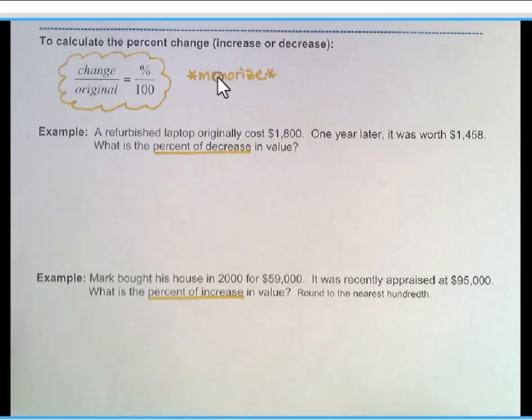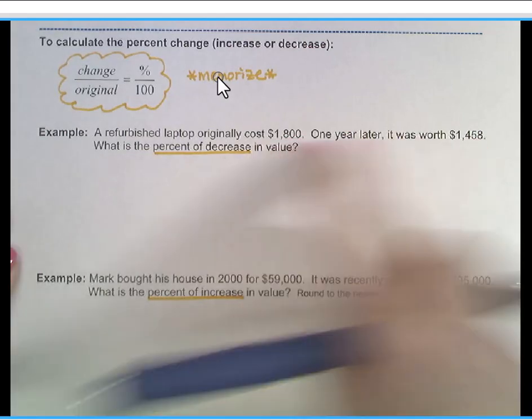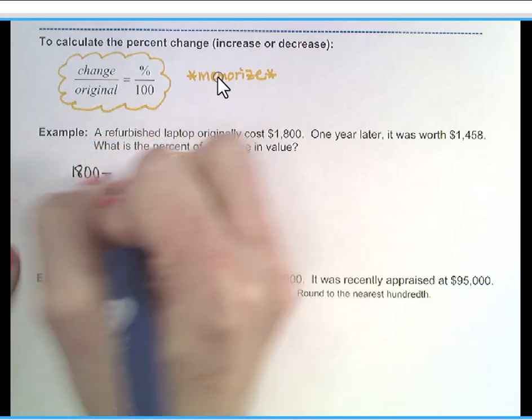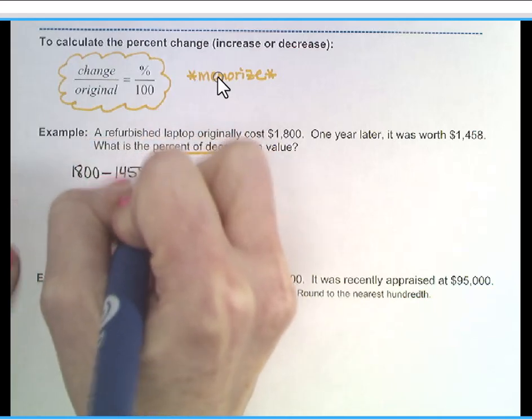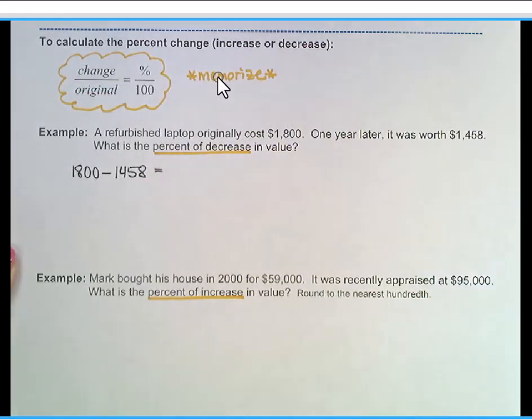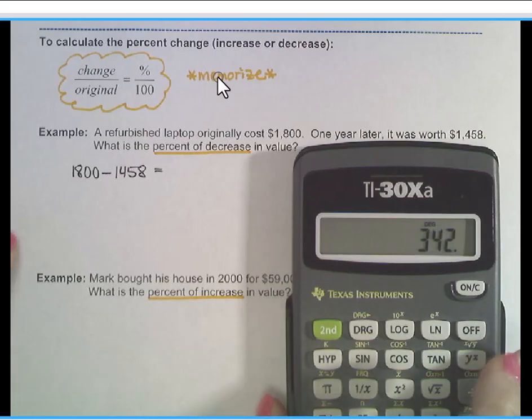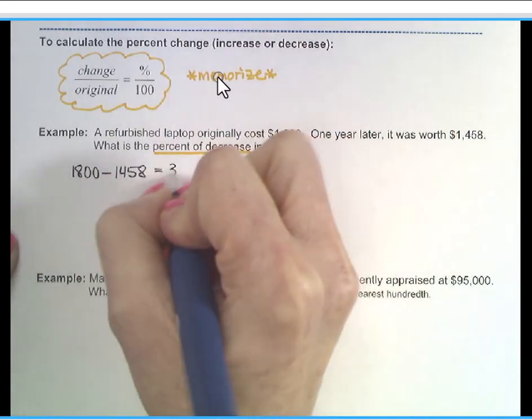Okay, so the first thing we want to do is calculate how much did it change in value? So if we take 1,800 minus 1,458, we get 342. So that's the amount that it changed.